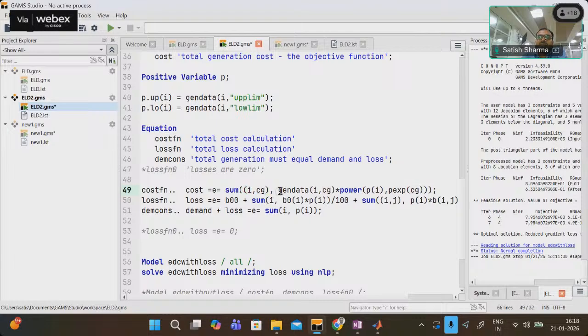ABC we have simply defined as generator data i comma CG, multiplied with power of P_i, and the power will be provided from the exponential. For A it will be 0, so that is the constant term. For B it is 1, so that is your linear term b p. And for C it is 2, the square term, the quadratic term in the cost function. This is how you can write the cost function.